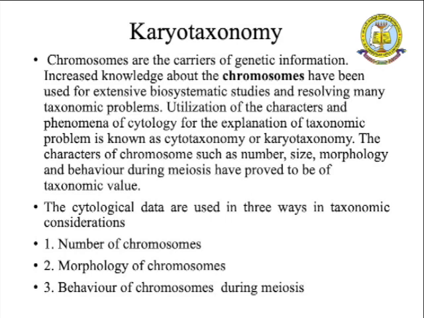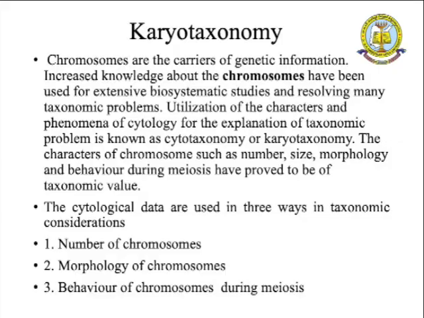Morphological number of chromosomes: euploidy, aneuploidy, nullisomic, trisomic, tetrasomic. These are the numbers, the availability of the chromosomes. Next is the morphology: V shape, L shape, I shape, and M shape. These are the types of shapes of the chromosomes in karyotaxonomy. Cytological studies are mainly important.